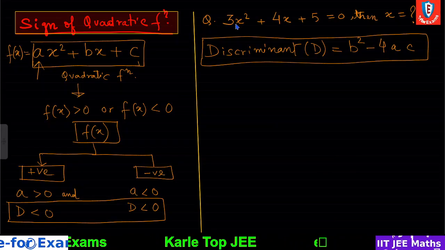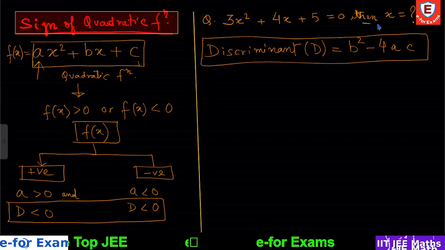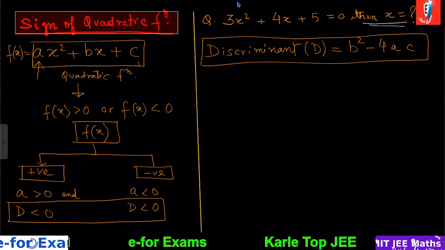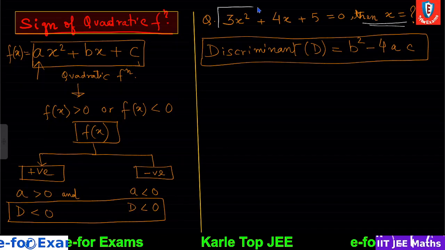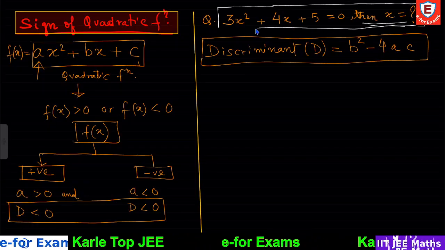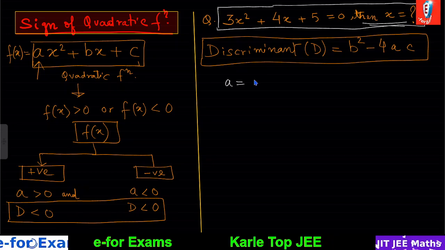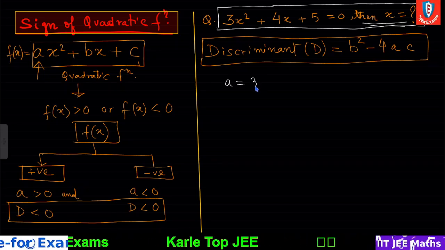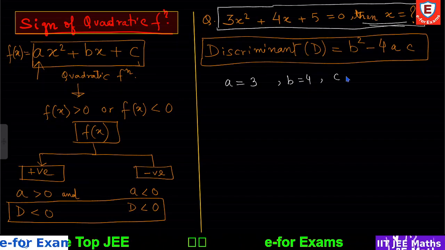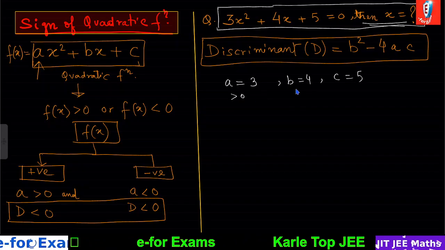Now here, this given question: 3x square plus 4x plus 5 equal to 0, then x equal to what? The question is asking us to find the value of x. So let's check here. In the given equation, a is equal to 3, b is equal to 4, c is equal to 5. a is greater than 0, right?